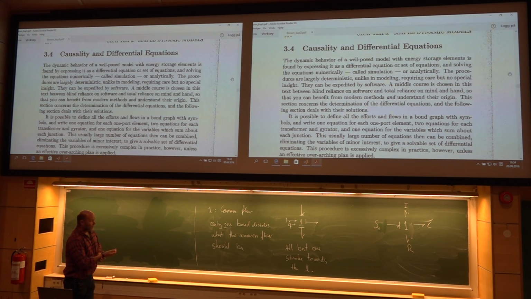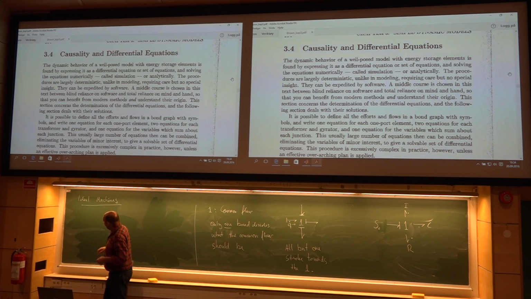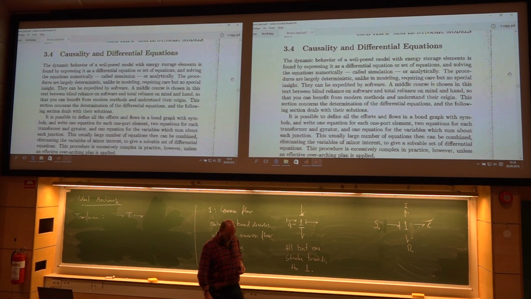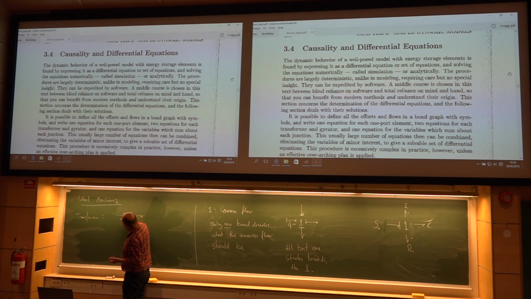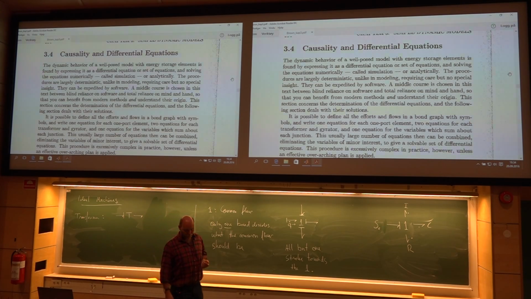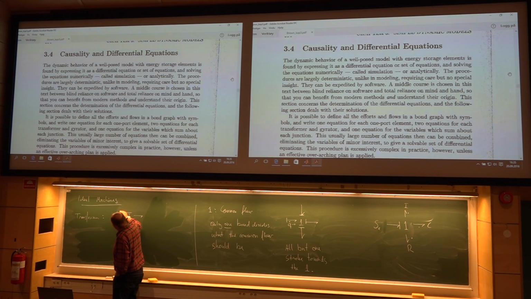For the ideal machines, the transformer doesn't change anything. So if you have a transformer, and say you have found out that you have a causal stroke on the left bond, like that, that means it's the effort that is attacking.